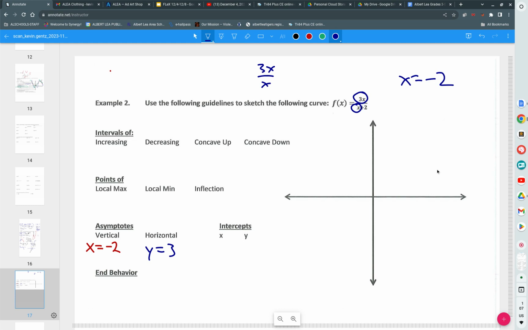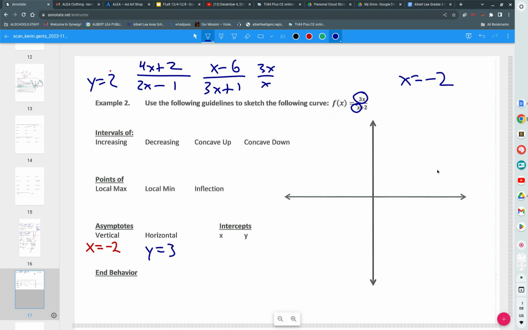Suppose it was 4x plus 2 over 2x minus 1. You just get 2. See that? That's all there is to it. Suppose you had x minus 6 over 3x plus 1. 1/3. You see that? Simple.